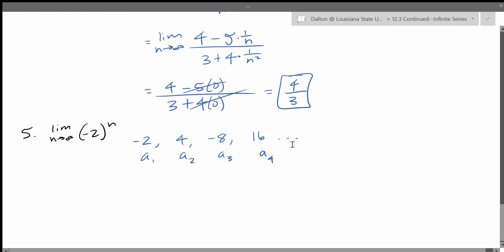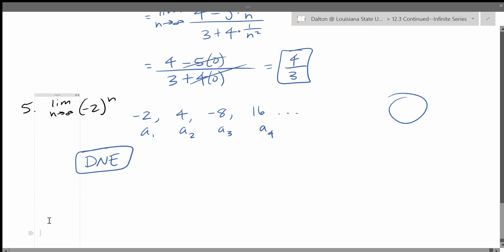And as this sequence continues, what happens is that I'm going to bounce back and forth between a negative number and a positive number. Well, there's no way that I can predict what number this sequence is going to approach if I don't know when it's going to land on positive and when it's going to land on negative. This will never actually approach one particular number because it's going to keep jumping back and forth from positive to negative. So in that case, you put DNE when the limit does not exist.